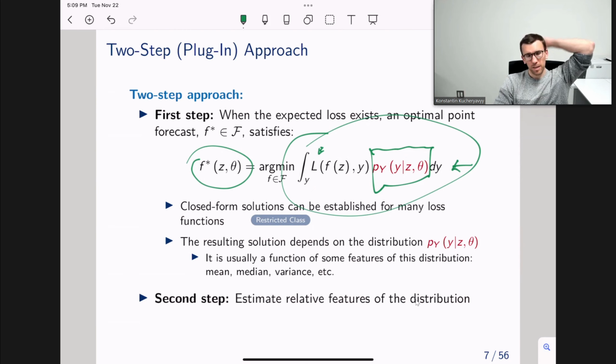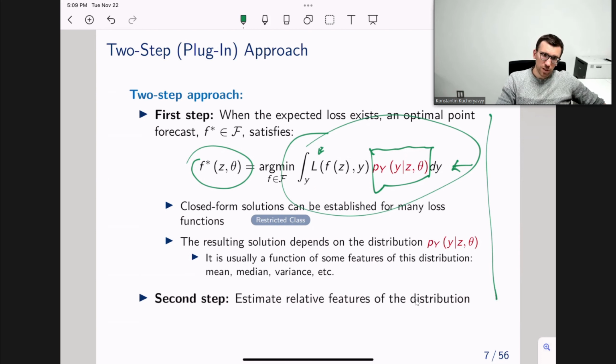And these estimates potentially can come from a different place, from some other loss function, from whatever. This adds some flexibility, but it might impact the quality of your forecast. But the point is that many people implicitly do the two-step approach.